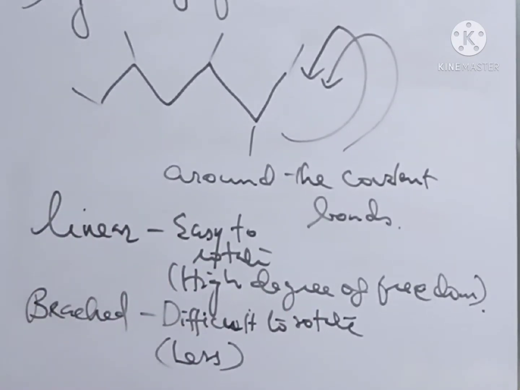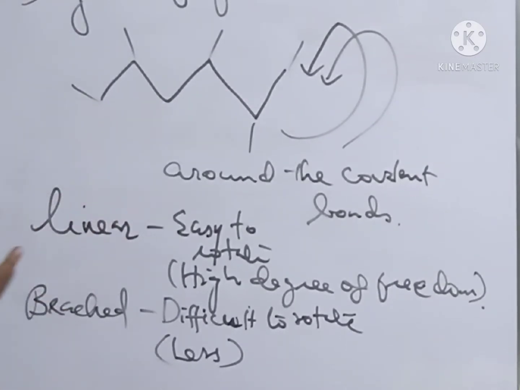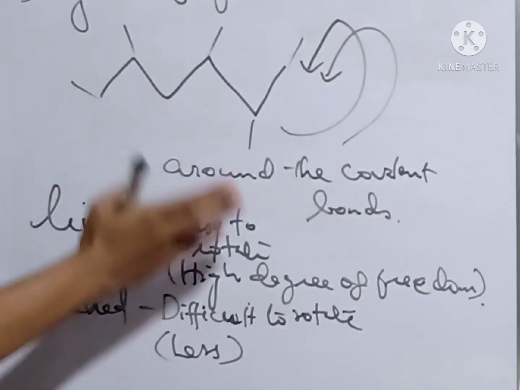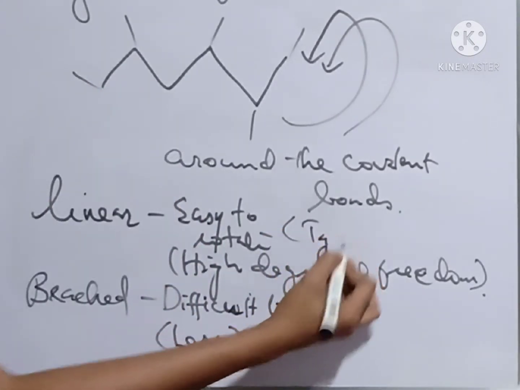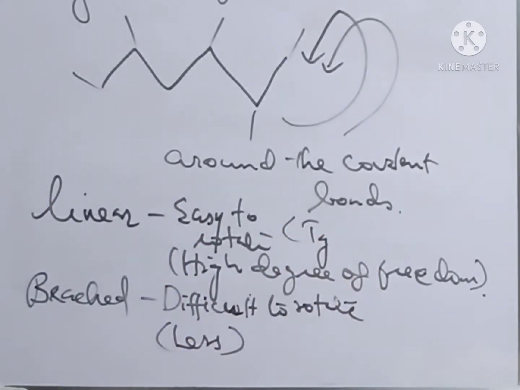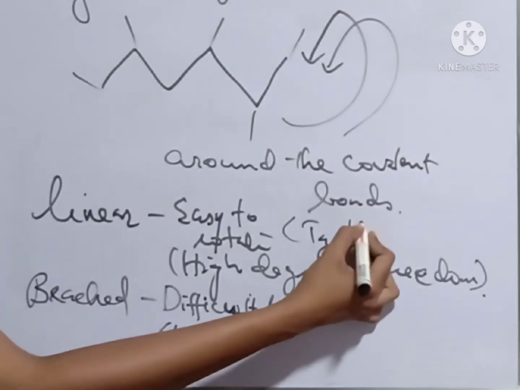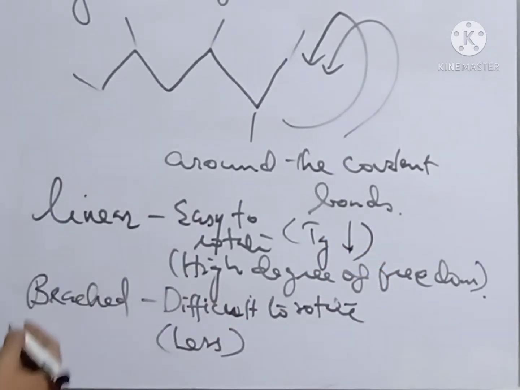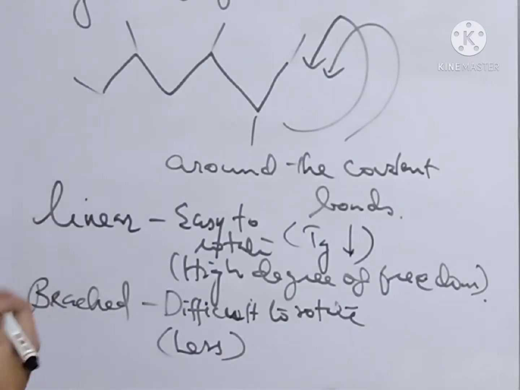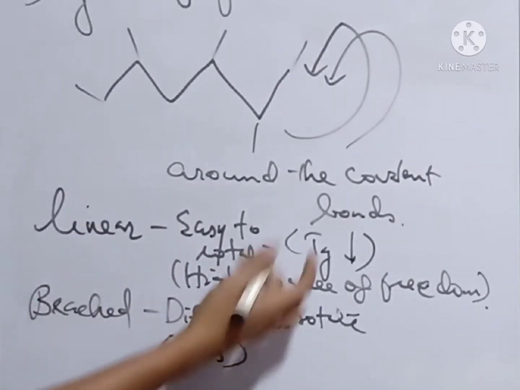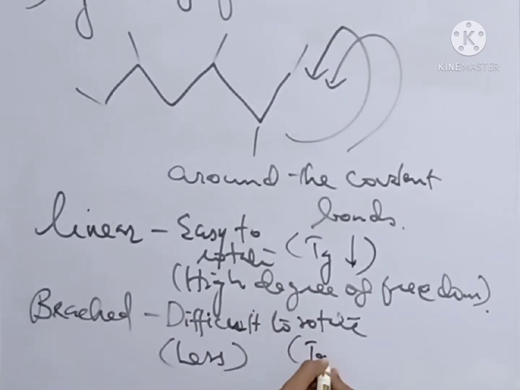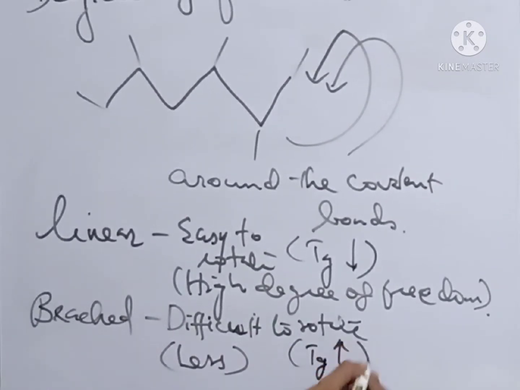That means if the polymer is linear, there is a high degree of freedom, and hence the glass transition temperature is very low. On the other hand, if the polymer is highly branched, then the degree of freedom is very low, and hence glass transition temperature is high.